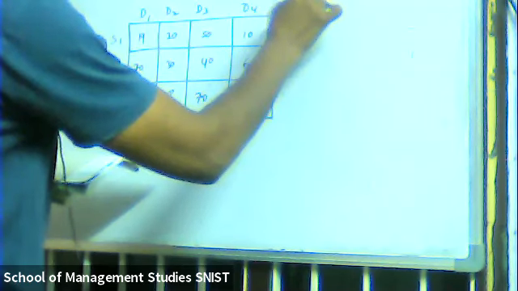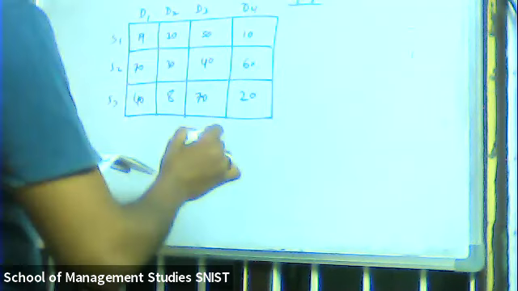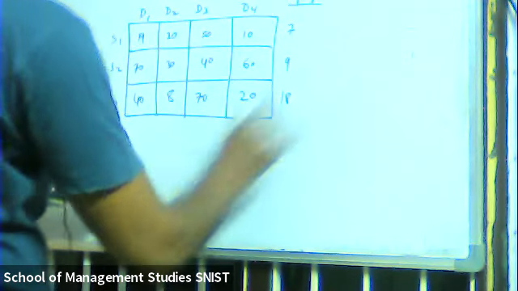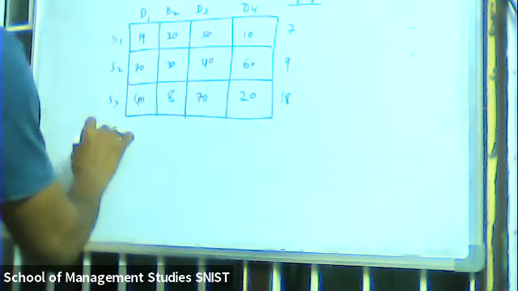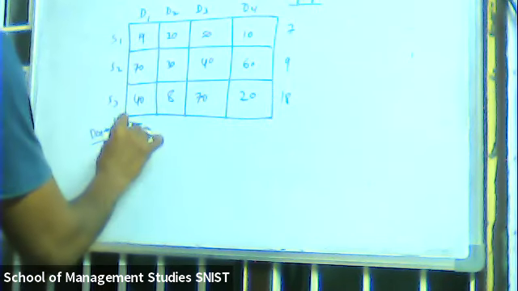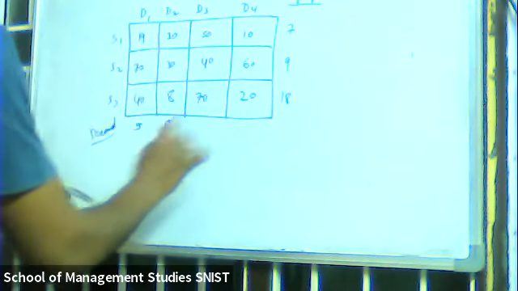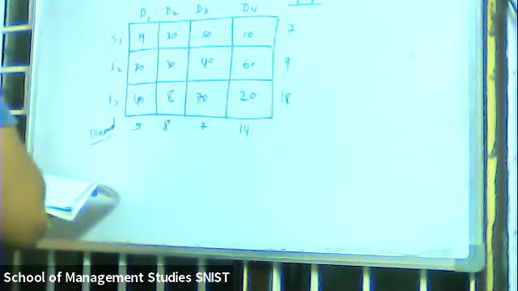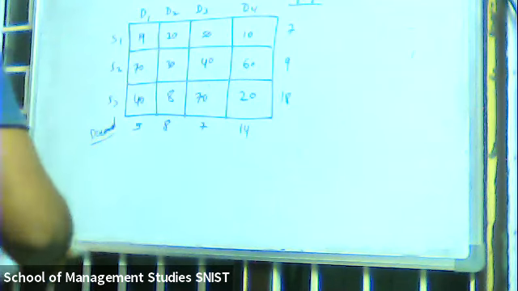Then supply, which is 7, 9, 18, demand, which is 5, 8, 7, 14. Okay. Clear?